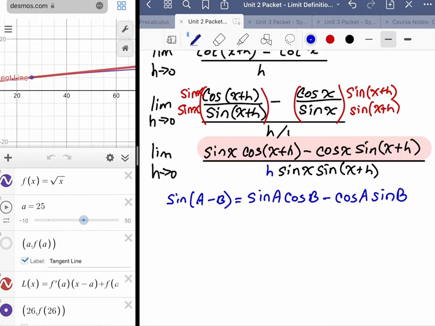All right, which tells us that a is equal to x and b is equal to x plus h. All right, so we have the expanded form.